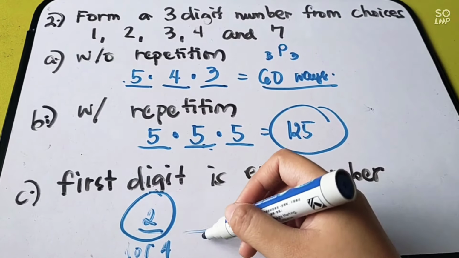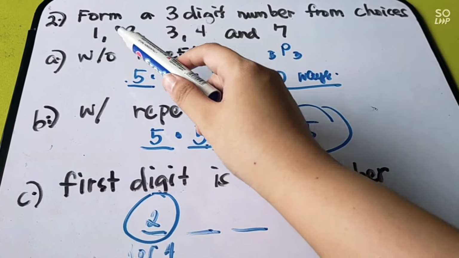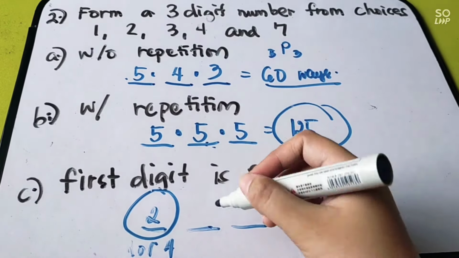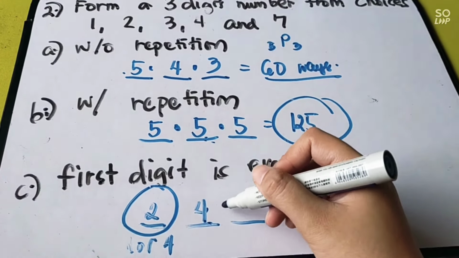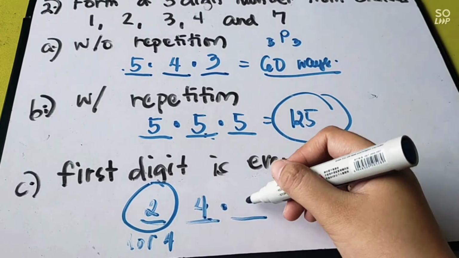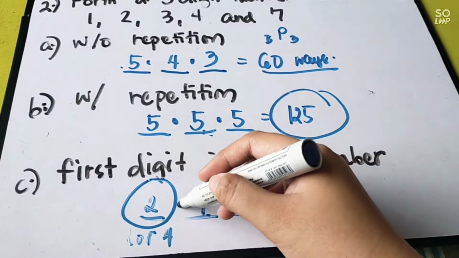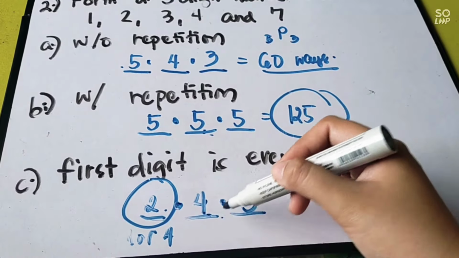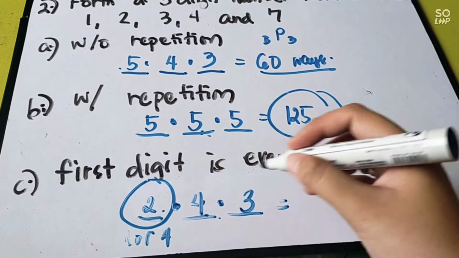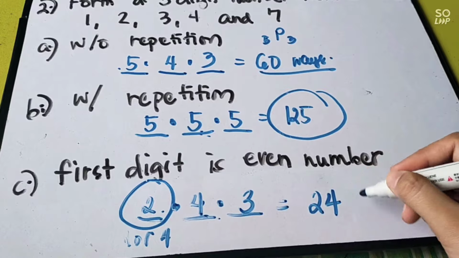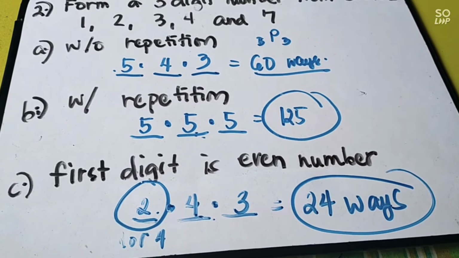After that, yung pangalawang digit mo, mamimili ka na lang doon sa natira. So, 4 na lang yung natira mo. Then, times 3. 3 numbers na lang yung natira mo. Then, multiply mo na yan. 2 times 4 times 3. So, the answer here is 12 times 2, we have 24 ways. So, that is the answer.